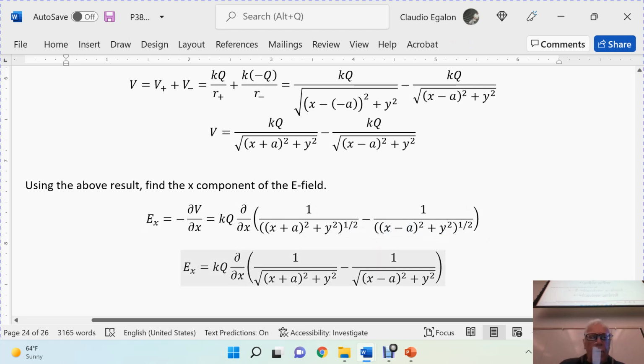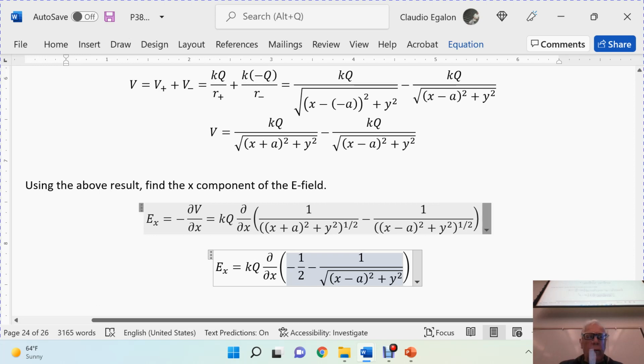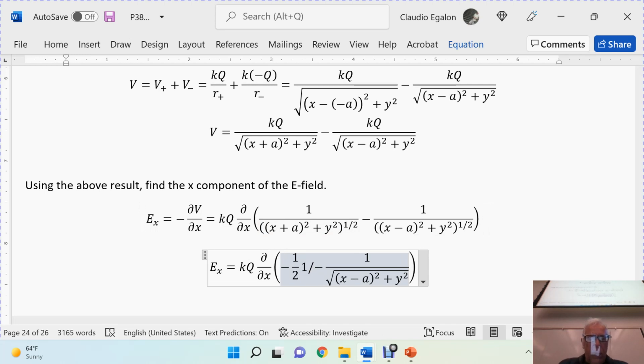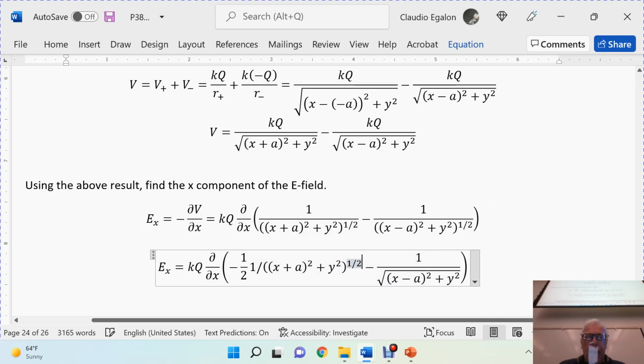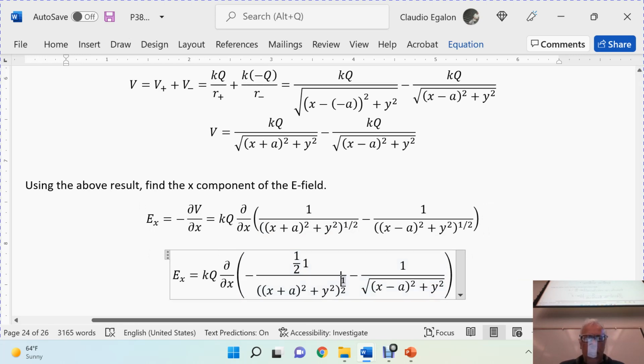And now let's do the calculation. We're going to have minus half. The power is going to change to minus 3/2. Minus 3/2 here. I don't need the 1 in there. What else do we have to do?